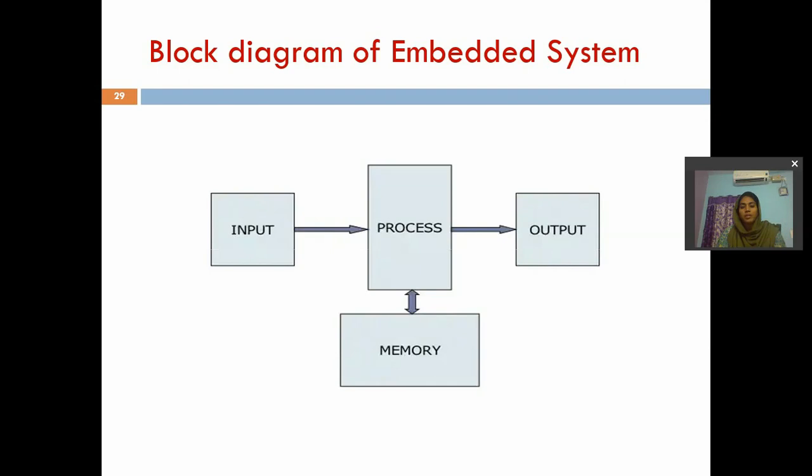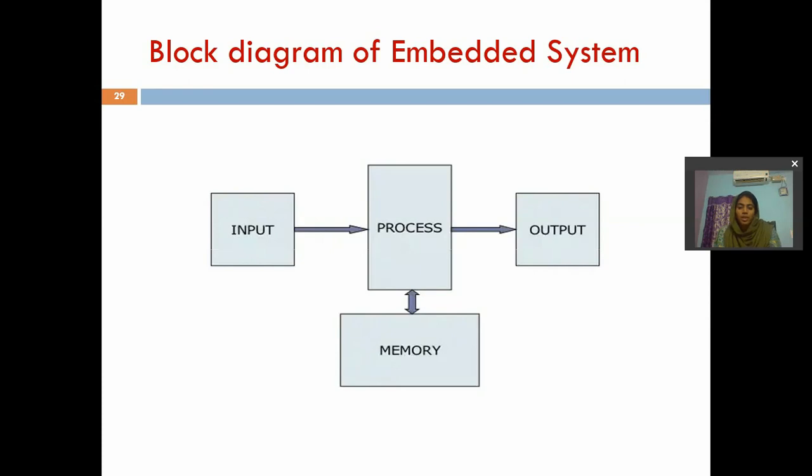The block diagram of an embedded system will have all these four blocks: input devices, output devices, memory and processor. Whatever input devices we have, like sensors, are connected to the input ports. Whatever output devices we have, like LCDs, LEDs and actuators, we connect to the output ports.